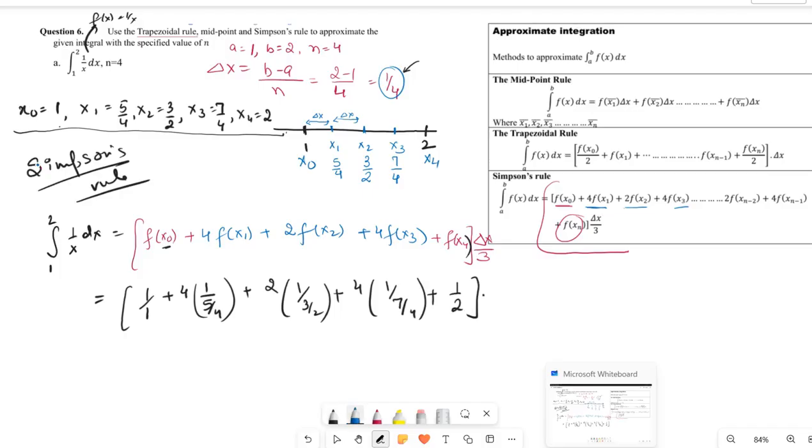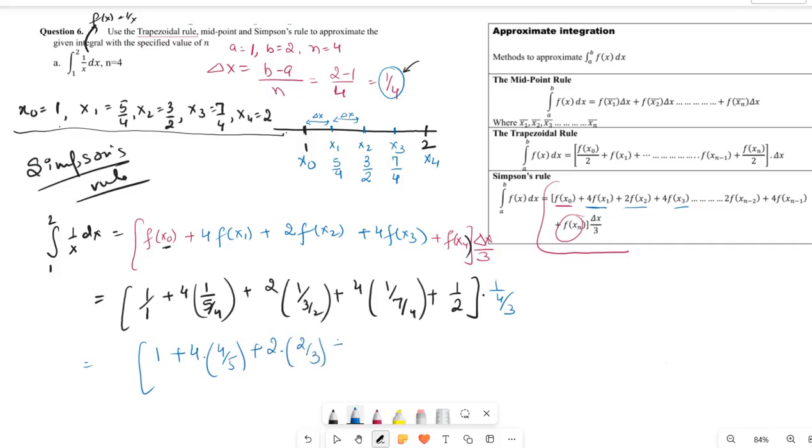What is delta x again? 1 by 4 by 3. Let's write it one more time. This is 1, plus 4 times 4 by 5, plus 2 times 2 by 3, plus 4 times 4 by 7, plus half. 1 by 4 by 3 is 1 by 12.